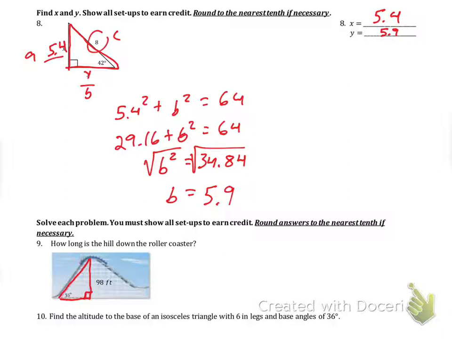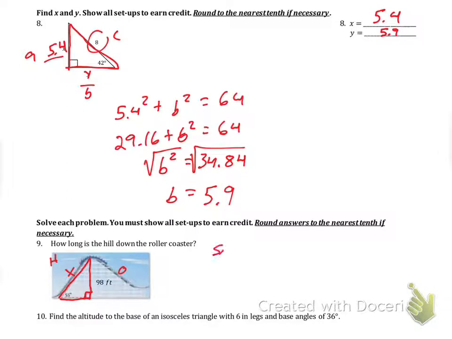So what we need to do is, I'm assuming we're looking for this right here. We'll call that x. So this is my hypotenuse, and then this would be opposite.